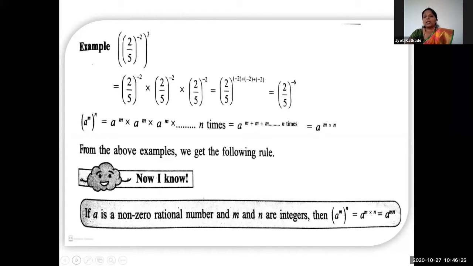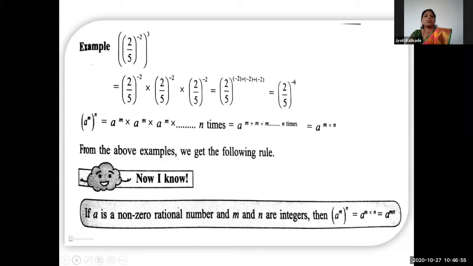Okay, is equal to 2 upon 5, or we know the rule, that is the law of multiplication of indices. Take addition of the powers according to the rule. So 2 divided by 5 raised to -2 plus -2 plus -2. When -2 -2, we have to add the numbers, 2 plus 2 is 4, but the sign we get is minus.